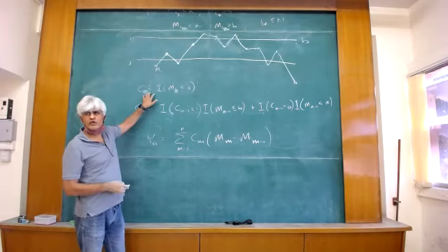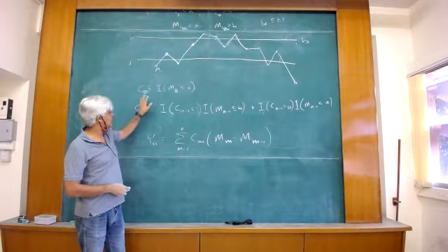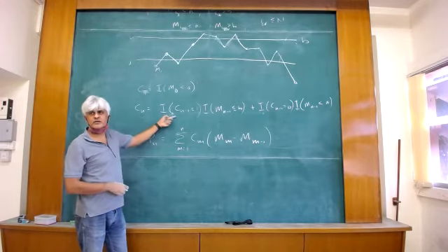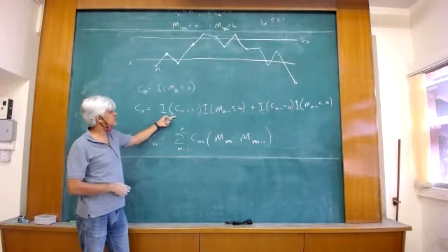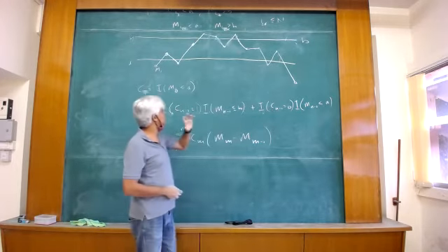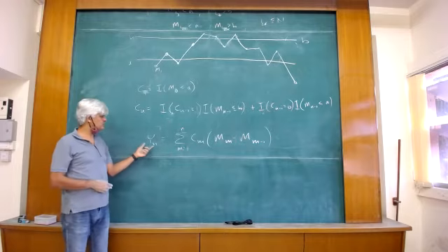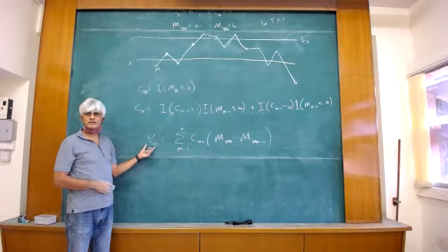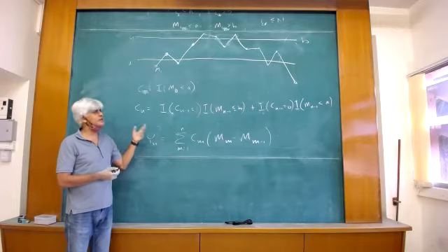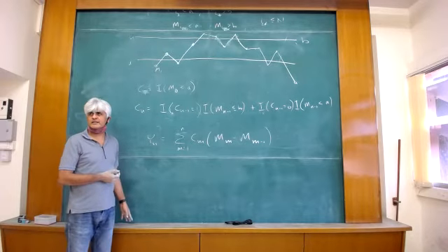Now you can see that C1 was a predictable, non-anticipating process, and inductively so is Cn. If Cn minus 1 is F(n minus 1) measurable, then Cn is as well, and so on. So my Cn process is predictable, so this is a proper martingale, a mean zero martingale. And if my original process is a submartingale or supermartingale, so is this.